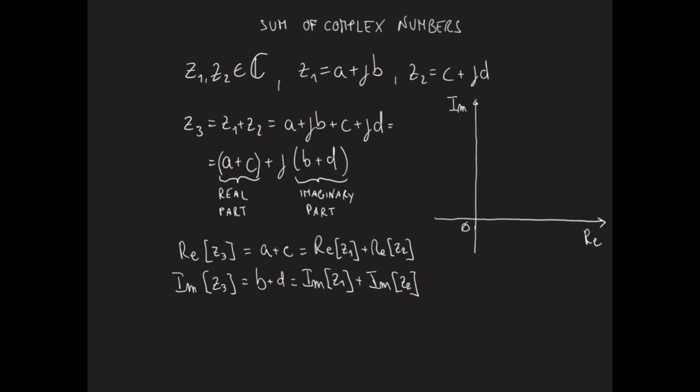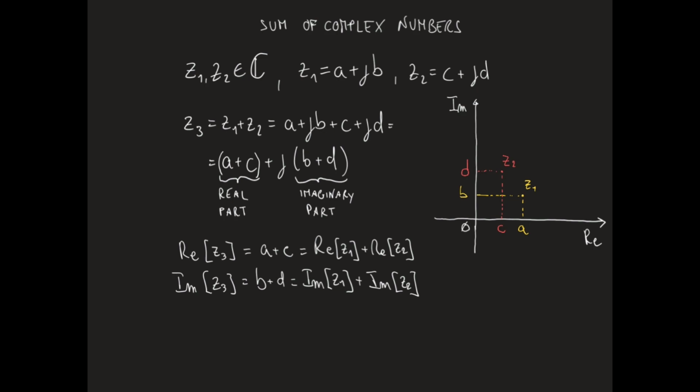So for instance, z1 is a point in the complex plane with coordinates a, the real part, and b, the imaginary part. z2 is a point in the complex plane with coordinates c, the real part of z2, and d, the imaginary part of z2.